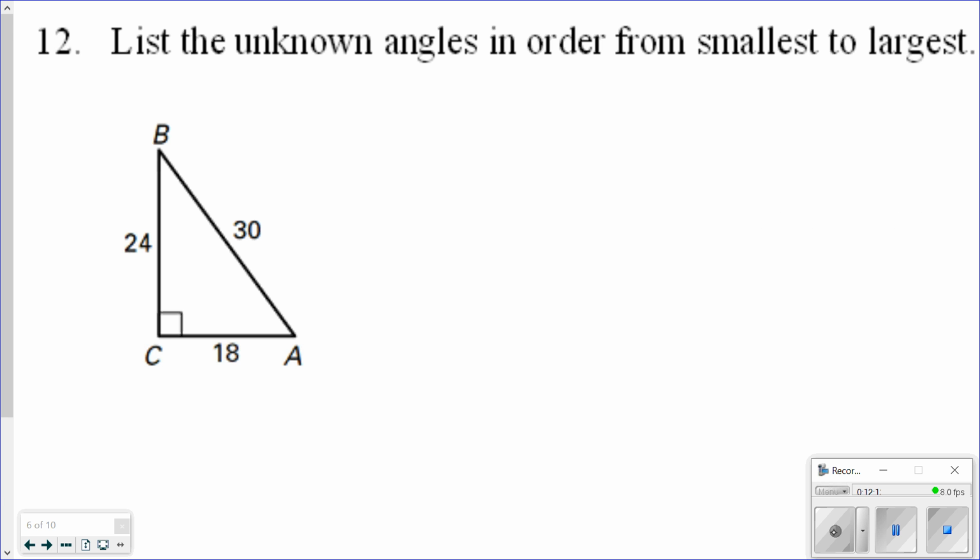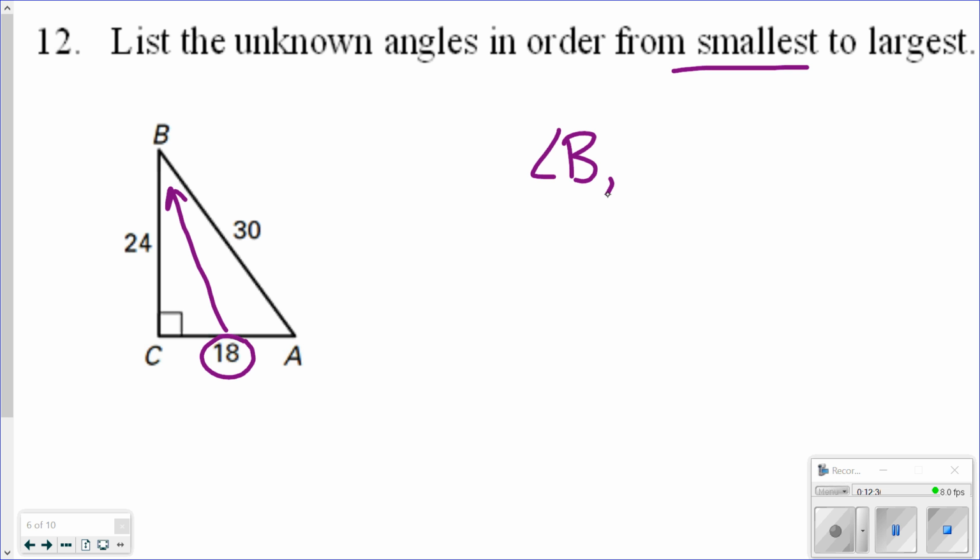List the unknown angles in order from smallest to largest. So we need to remember that the smallest angle is going to be across from the shortest side. Well, what's the shortest side? It would be 18, CA, which if we find the angle that is opposite, it would be angle B. So angle B is the smallest.